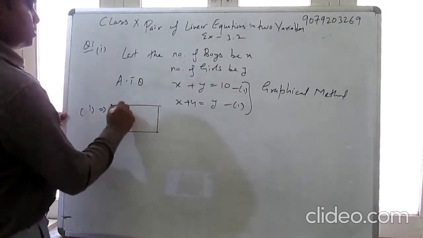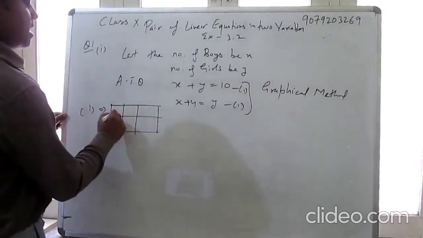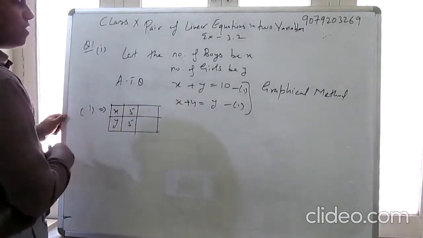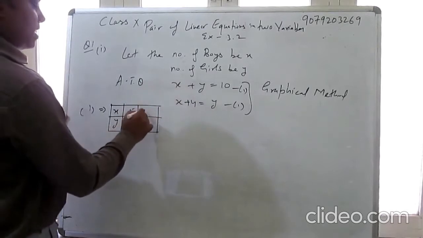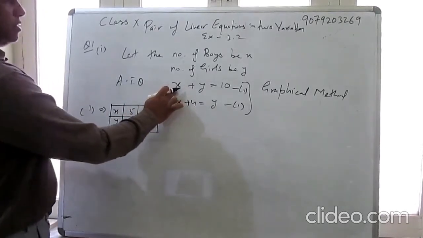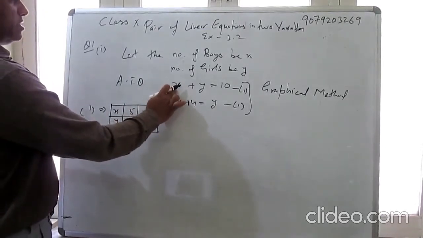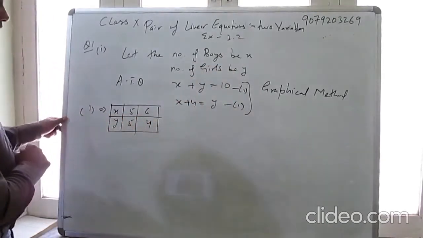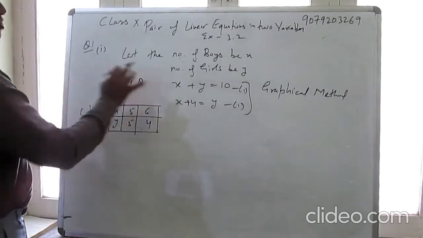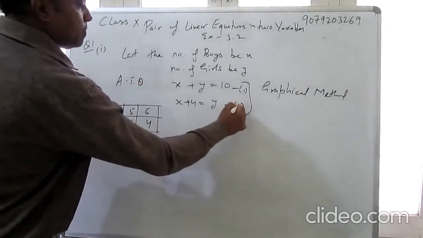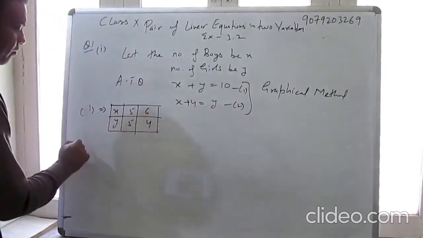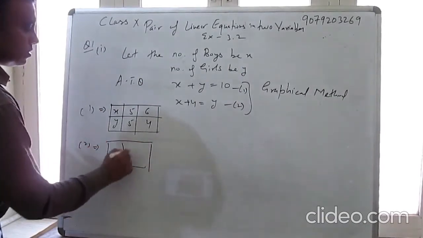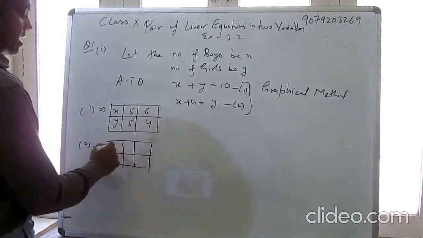Take 2 points, x, y. If I take x 5, then y is also 5. If I take x 6, then y is 4. This is the points of equation 1. Now, for equation 2, plotting the points x and y.